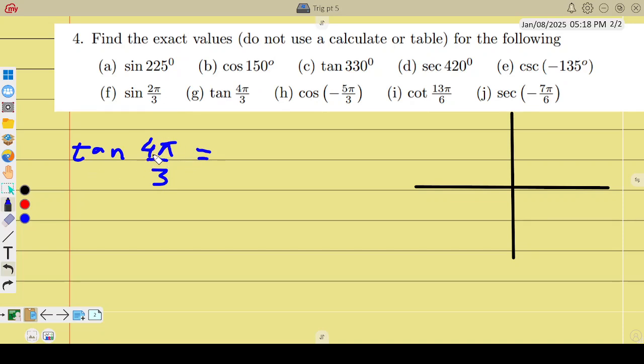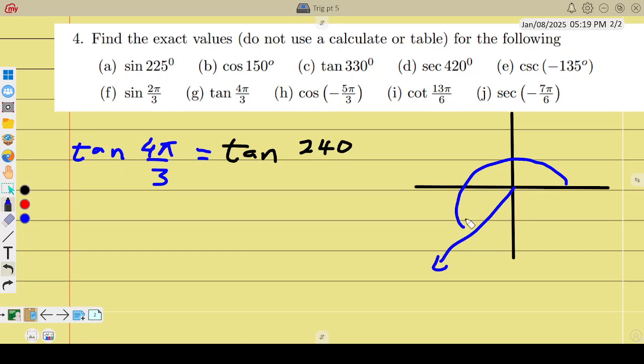So why don't you convert these to degrees? So what is 4 pi over 3 into degrees? So you are going to get, so this will be tan 240. That will be tan 240. So the angle 240, it is going to be found somewhere here after 180.